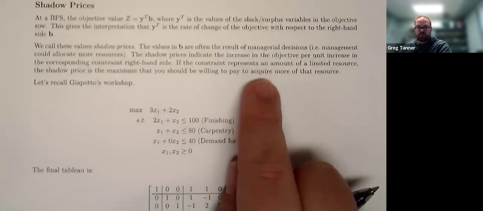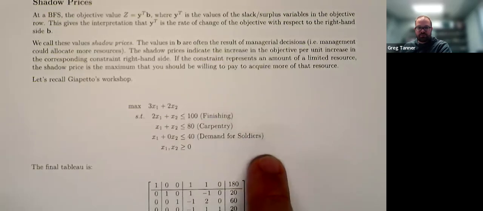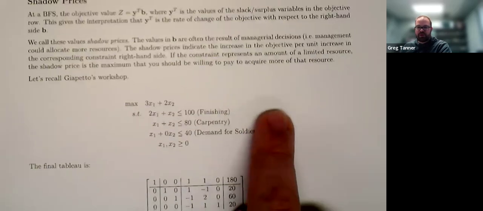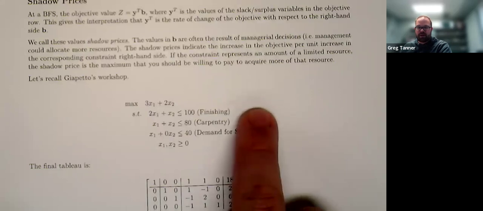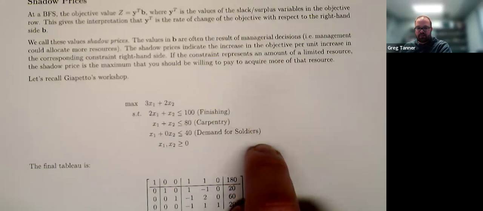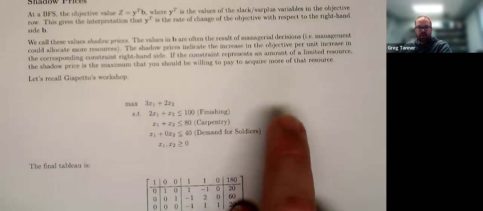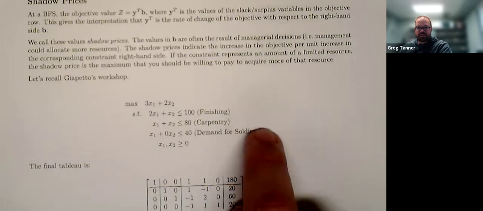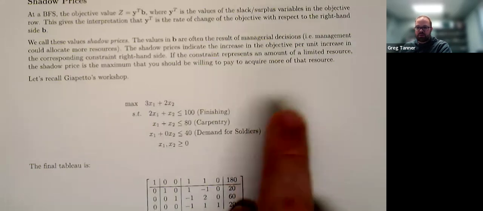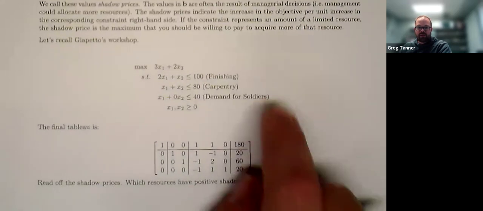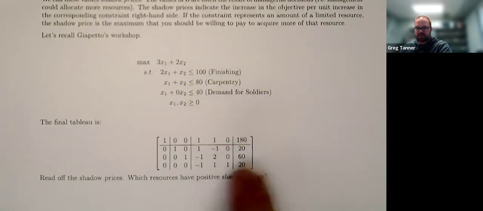Okay, so let's look at Geppetto's problem. We've got three limited resources: a limited amount of finishing labor, a limited amount of carpentry labor, and a limited amount of demand for soldiers. We can put this into a tableau, do our row operations, and we'll end up at a final tableau that looks like this.